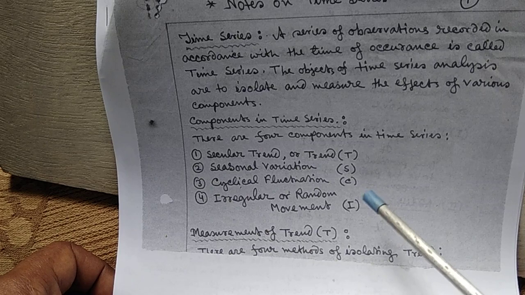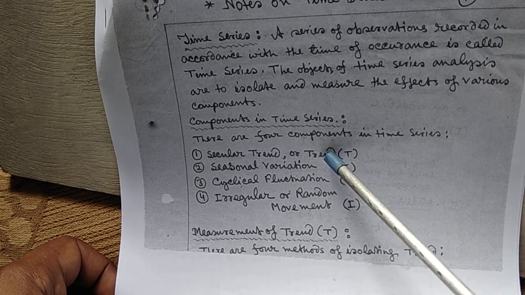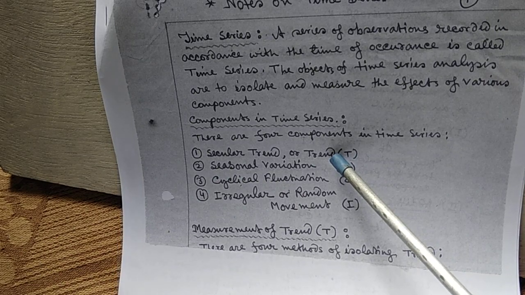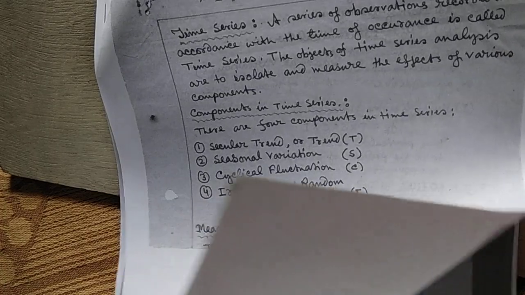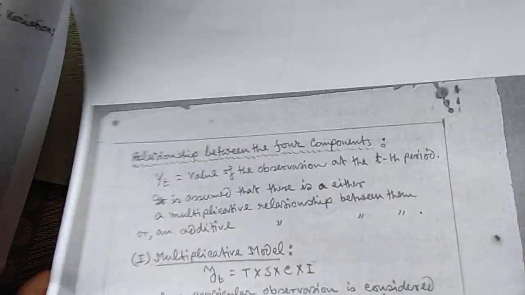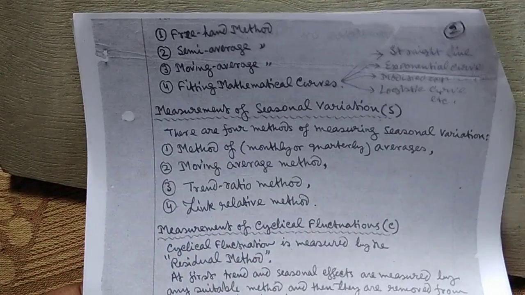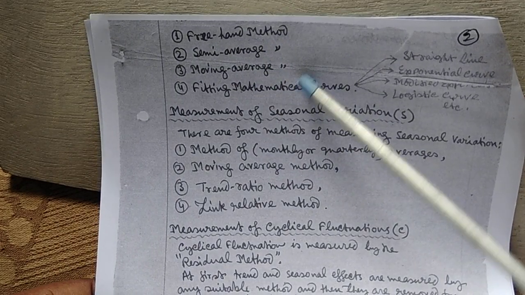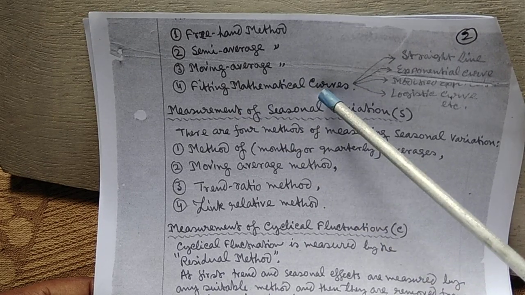Now, at first, we have to measure the trend value. So we have to know what the methods for determining trend are. There are 4 techniques for determining trend: the freehand method, semi-average method, moving average method, and fitting mathematical curves.